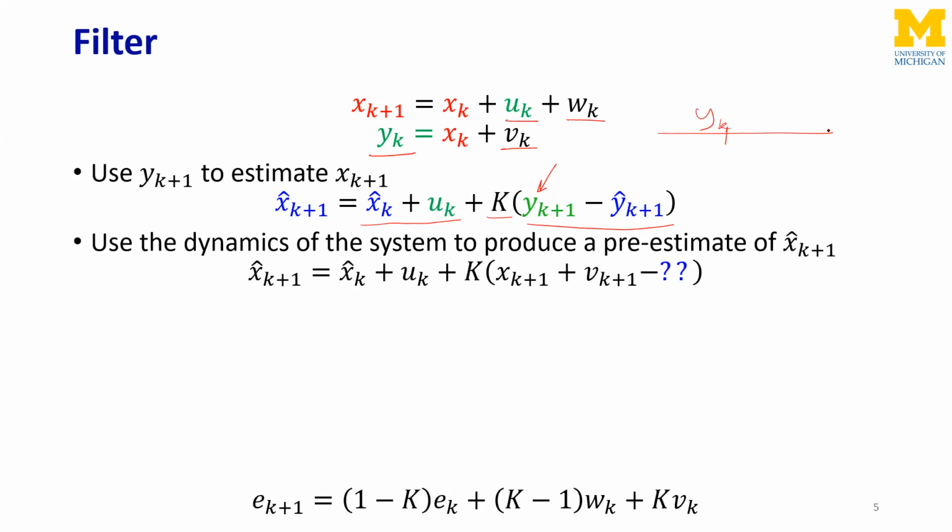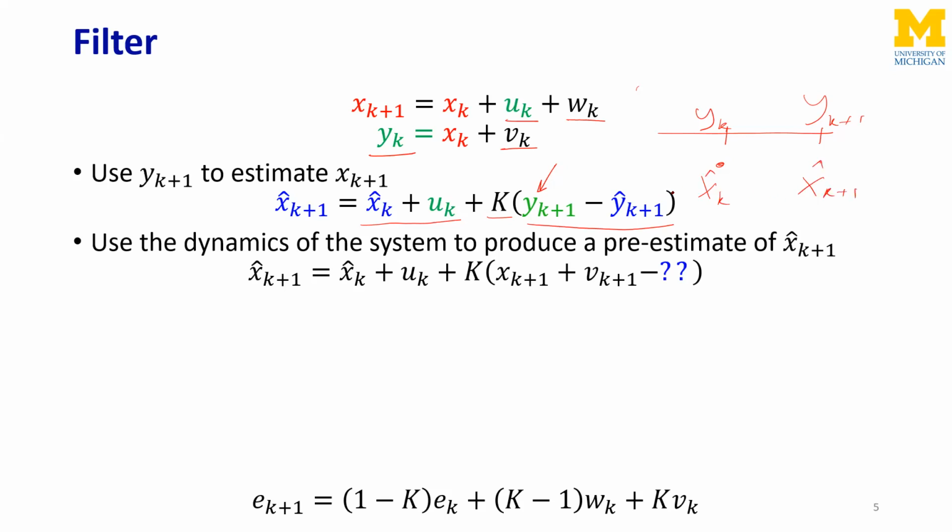So this is yk plus 1. These are the real measurements, and then you also have your computed one. I'm sorry, let me erase this. You are actually estimating x hat k and x hat k plus 1 at these steps.